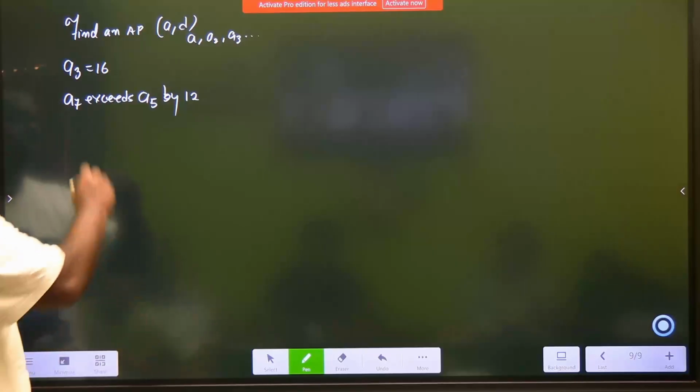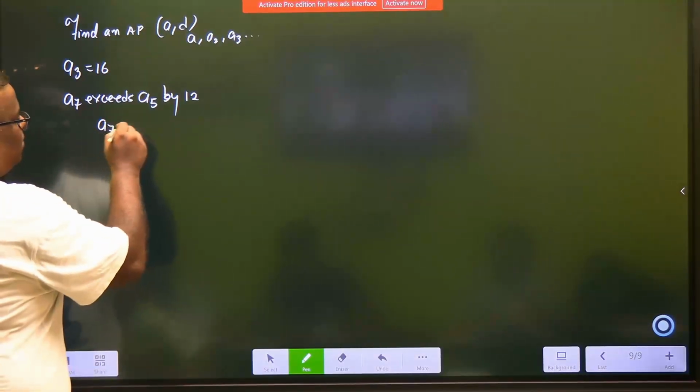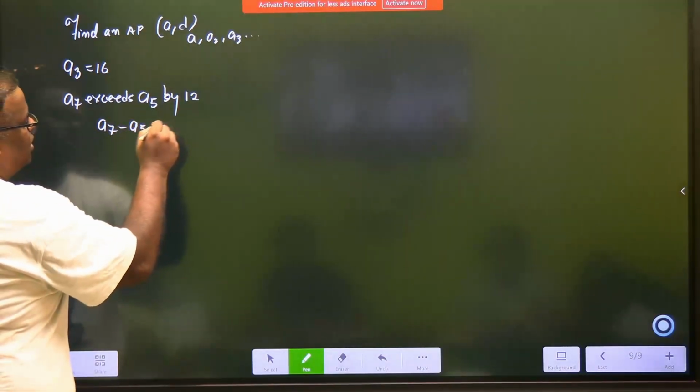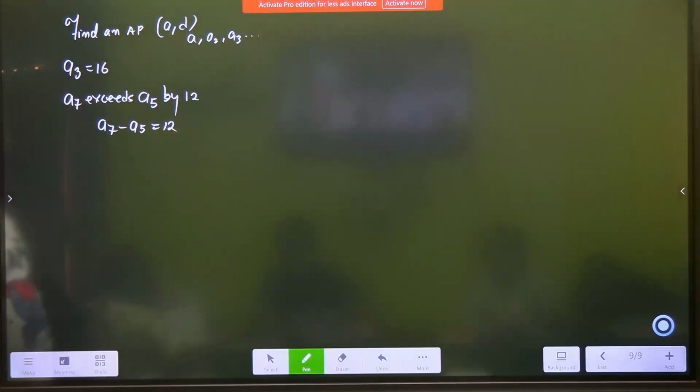This means A7 minus A5 is given as 12. Based on this information, you are supposed to find out A and D, then only you can solve it.